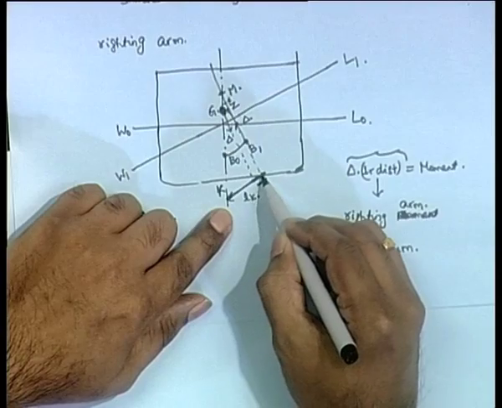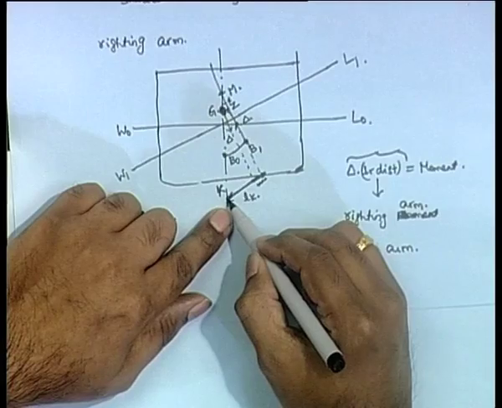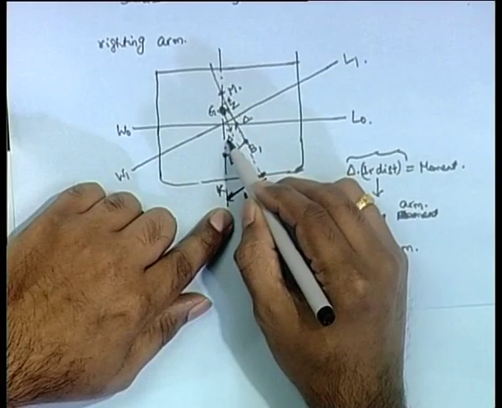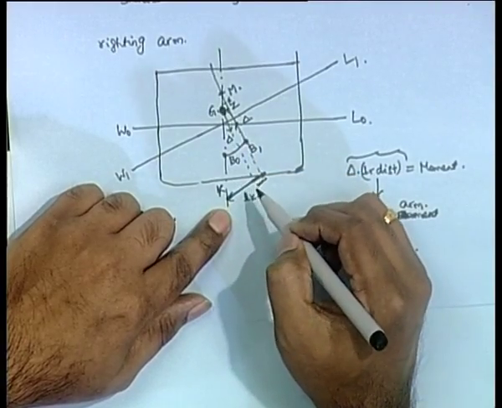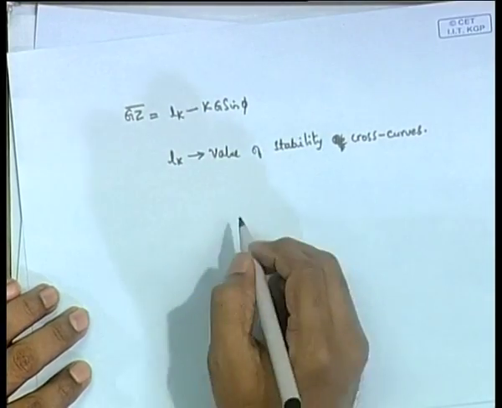So, this whole distance is LK minus this distance. So, take this triangle K, G and this point. So, this angle will also be phi. So, KG sin phi, all right. So, that is LK.